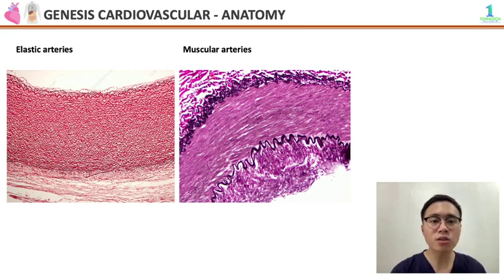As compared to a muscular artery, do you see anything like that? Those swirly structures, none. Actually there are, but only a few as compared to the elastic arteries. Okay? And what's characteristic of the muscular arteries would be the prominent internal and external elastic lamina. Okay, so they have this. Okay, that's quite prominent.